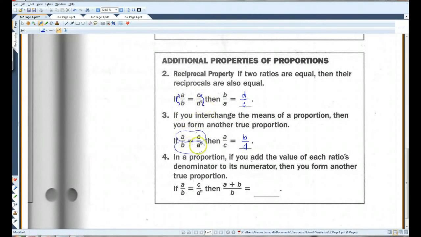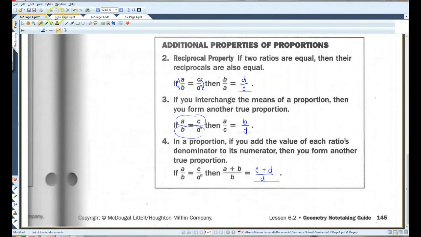You can also go across. And if A over B equals C over D, then A plus B over B equals C plus D over D. Okay? Let's go on to page 2.